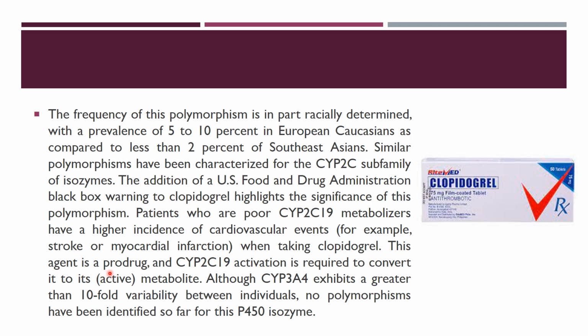This agent is a prodrug and CYP2C19 activation is required to convert it to its active metabolite. Although CYP3A4 exhibits a greater than tenfold variability between individuals, no polymorphisms have been identified so far.